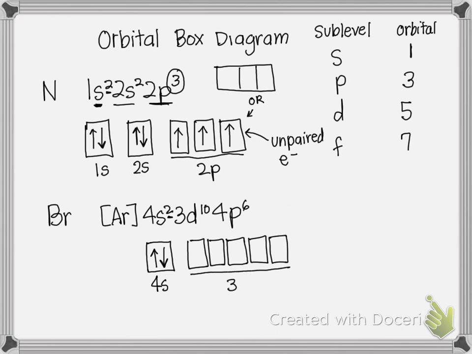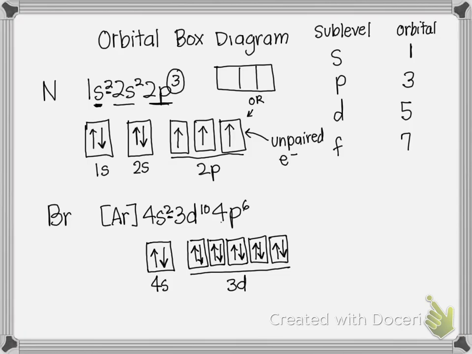They're all in the 3d, and they're all full. So how they would fill is 1, 2, 3, 4, 5, and then they'd go down 6, 7. Now, when something is full like that, it really wouldn't matter how you wrote them in. You would just know all the boxes have to have 2 arrows, one pointing up and one pointing down.